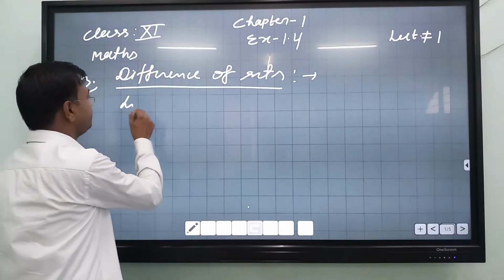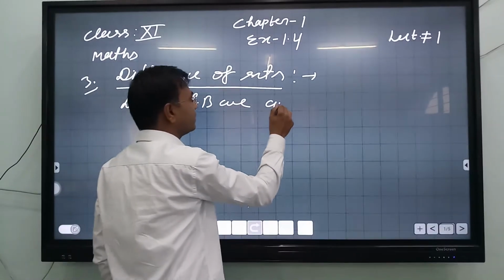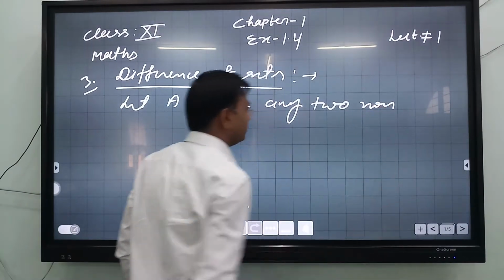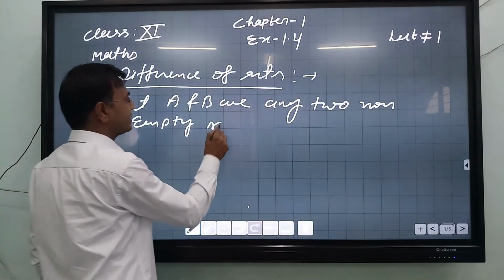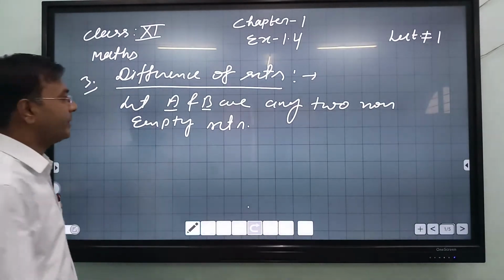So, let A and B be any two non-empty sets.